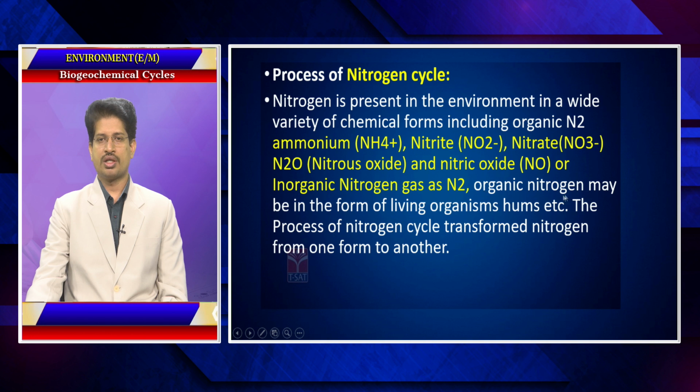The organic nitrogen may be in the form of living organisms, in the form of humus, etc. The process of the nitrogen cycle transforms nitrogen from one form to another. Nitrogen is a gas in the atmosphere. This needs to be converted into forms like ammonia and nitrates, which the plants can absorb.